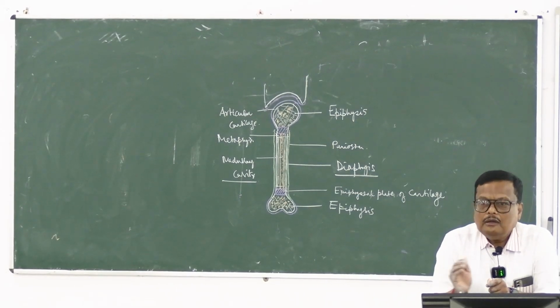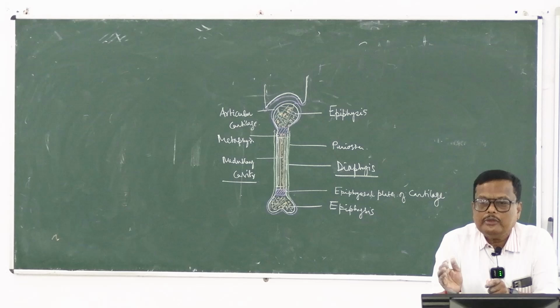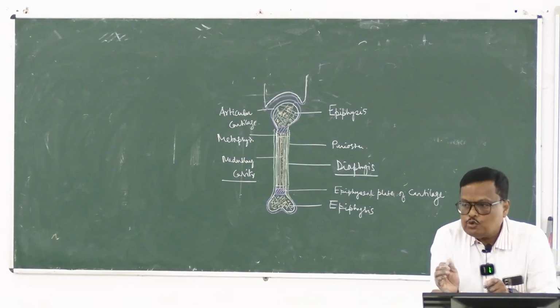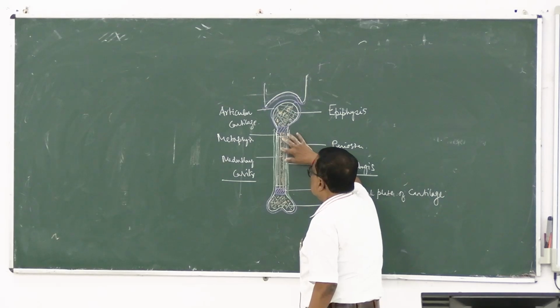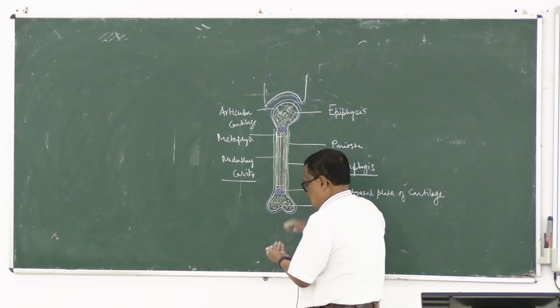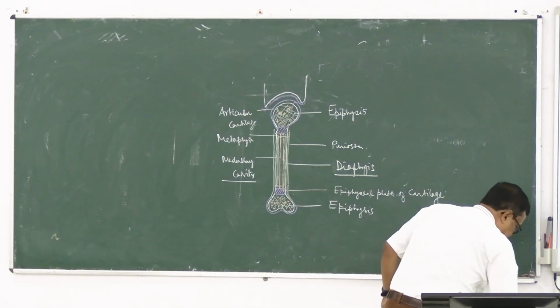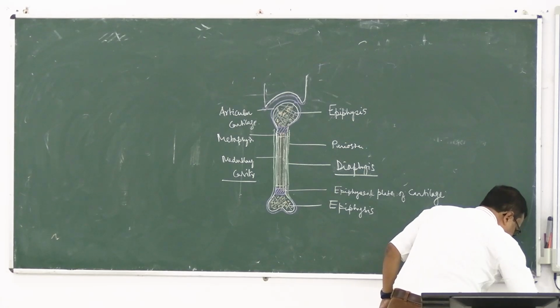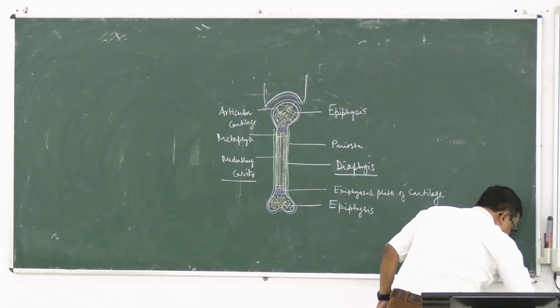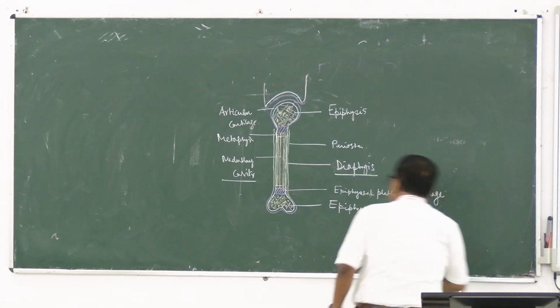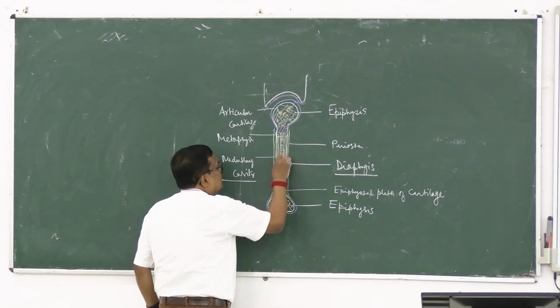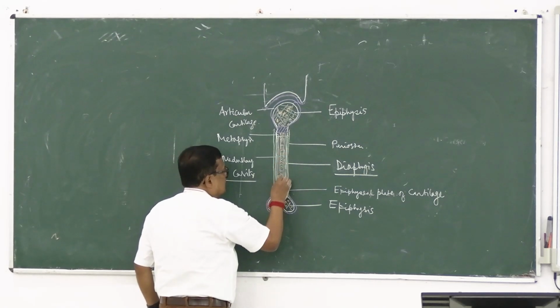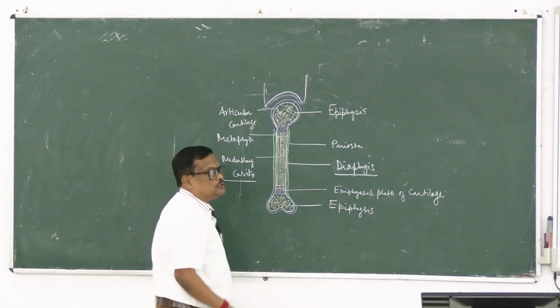But when this baby is growing and becomes an adult, gradually this medullary cavity is replaced by fat cells, fat tissue, adipose tissue.